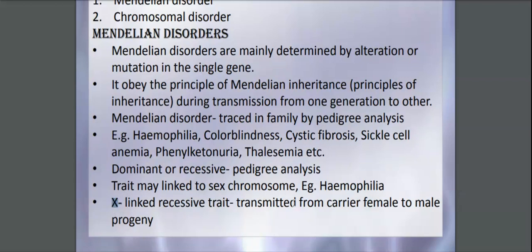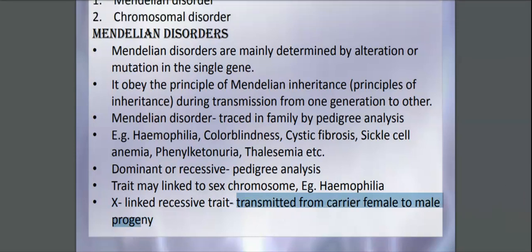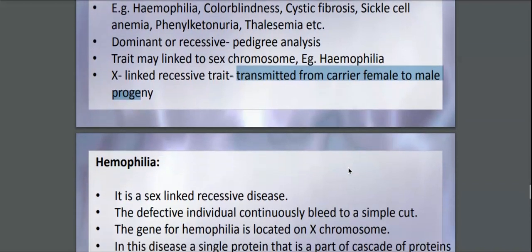And hemophilia, if we see this in detail, is transmitted from a carrier female mostly to the male progeny. That means a mother will pass on this trait to sons. So sons tend to get more affected by hemophilia than daughters. We'll see why this is the case.